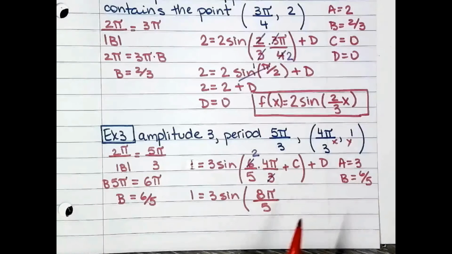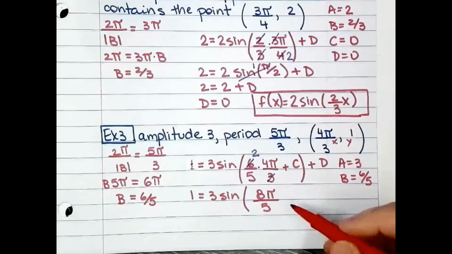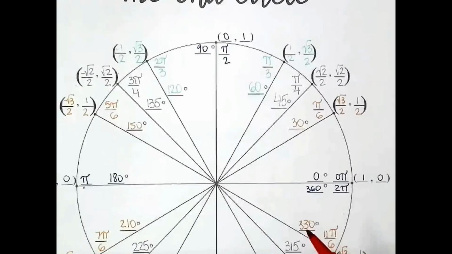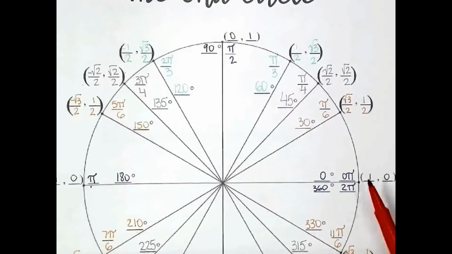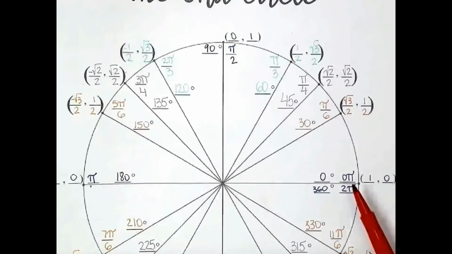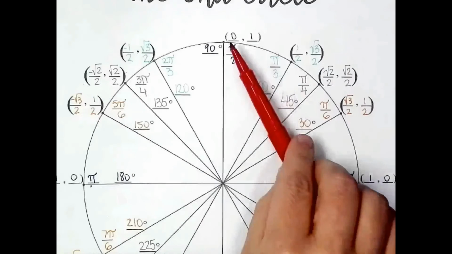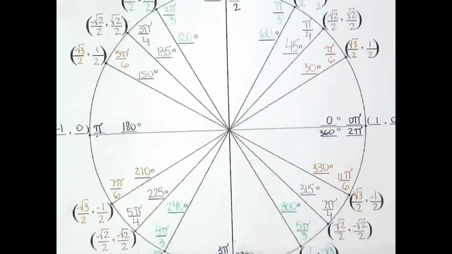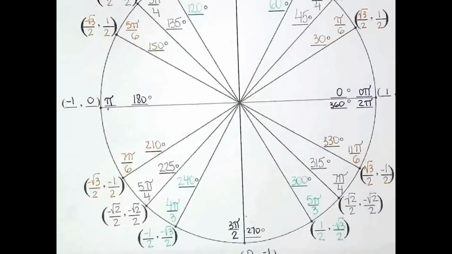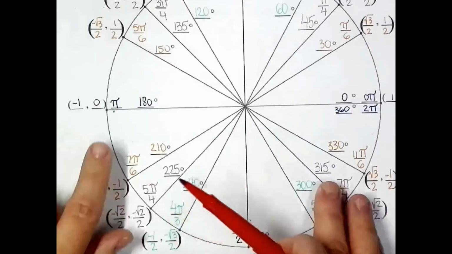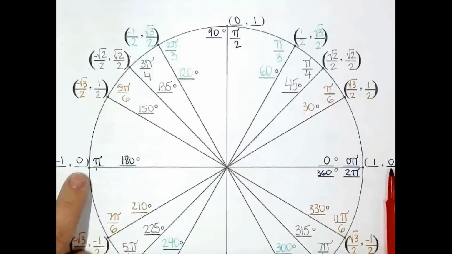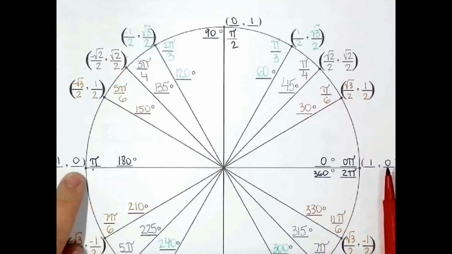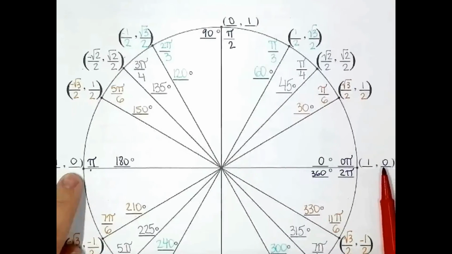Now, look back at your unit circle. When we're trying to choose a value for C, anything that falls where the sine of that angle falls in one of these four, that's what we want to do. But what is easier and better than when sine of whatever that angle is, you get 0?